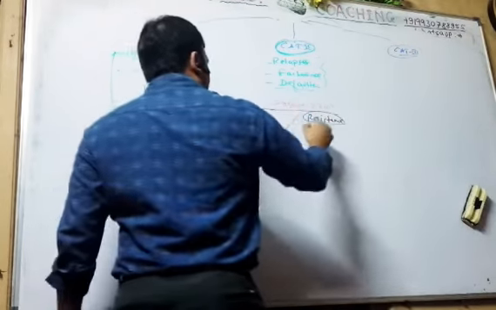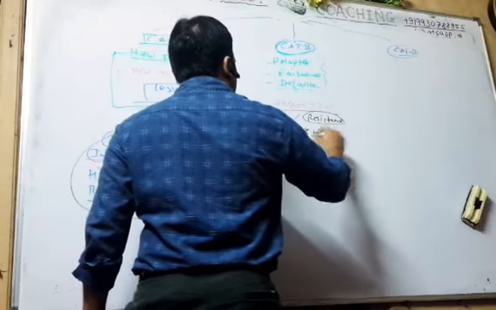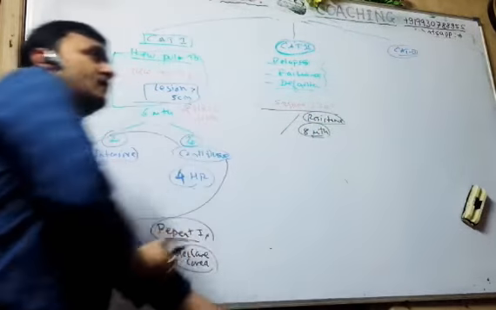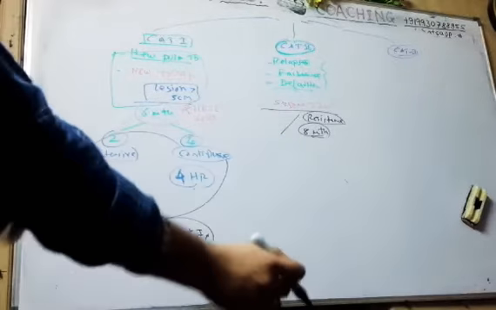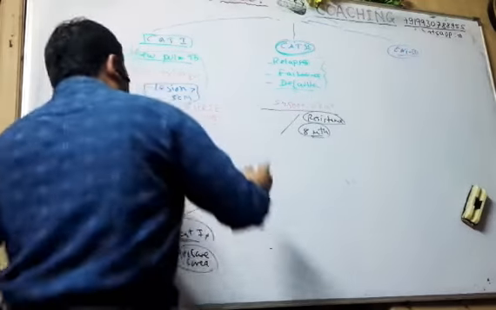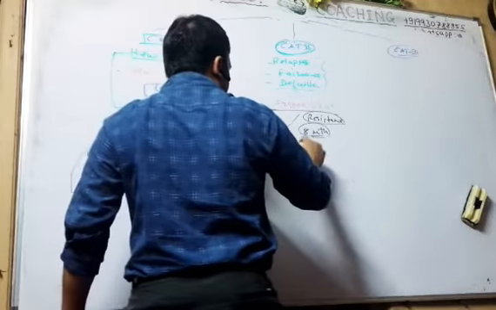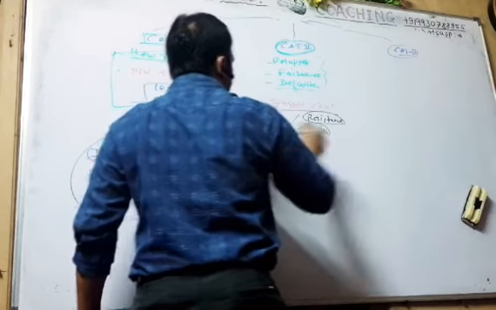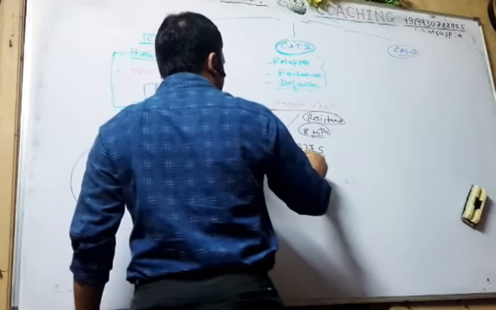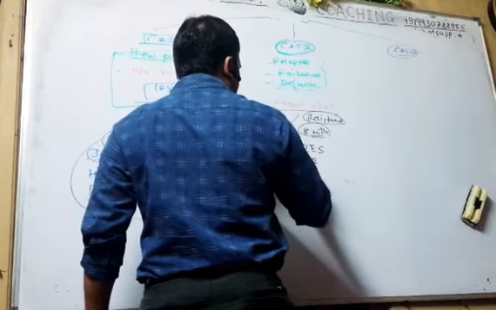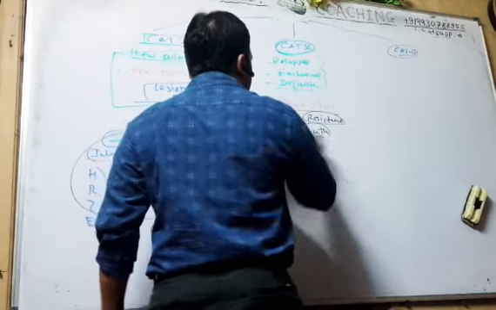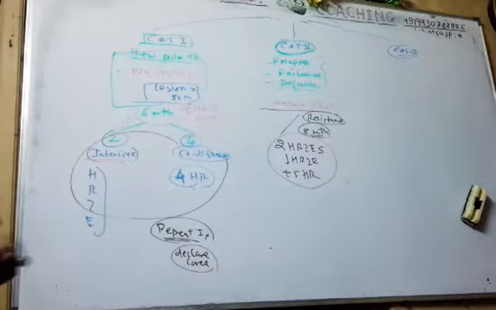For this we require 8 months of treatment. We require 8 months total therapy. And the formula for this is like this: 2HRZES, all drugs, 1HRZE, then 5HRE. 2HRZES, 1HRZE, 5HRE.